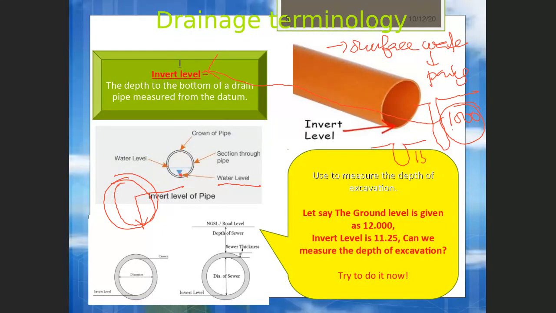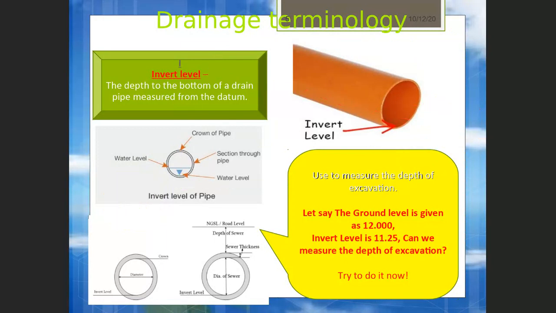That is another definition. Basically, if you understand the concept of ground level and invert level, let me give you an example, this is a very important concept. Let's say this is GL, ground level. You are standing here, and the pipe is very deep, something like this.